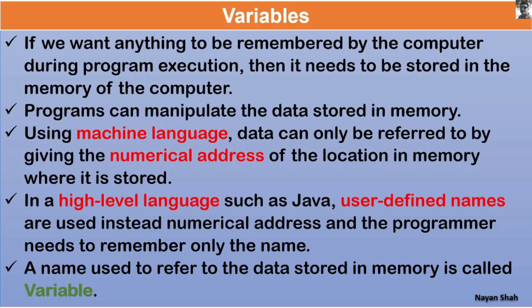Similarly, in machine language, it was very difficult to store values in memory because we needed to remember their numerical addresses. But in higher level languages, we just need to remember the name, the variable name. So a name used to refer to the data which is stored in memory is called a variable.